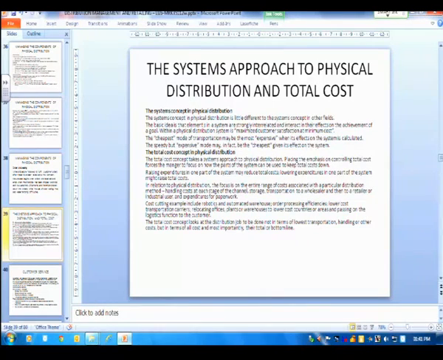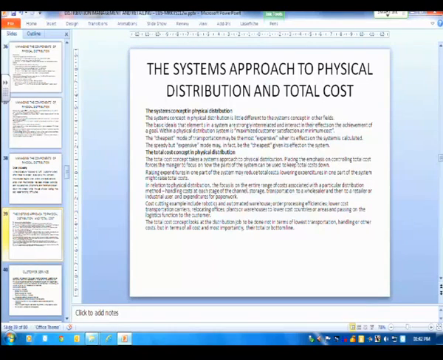Cost-cutting examples include robotics and automated warehousing, order processing efficiencies, lower cost transportation carriers, relocating offices, plants or warehouses to lower cost countries or areas, and passing on the logistics function to the customer.